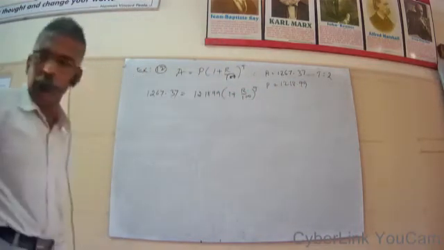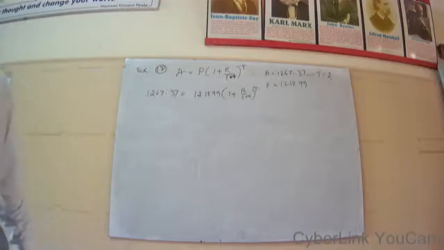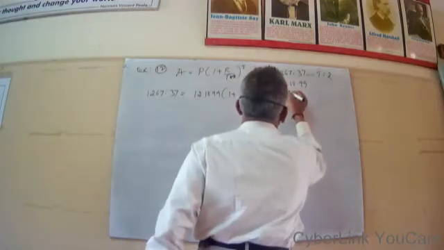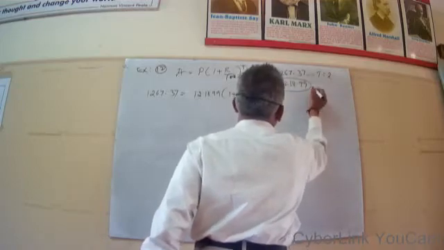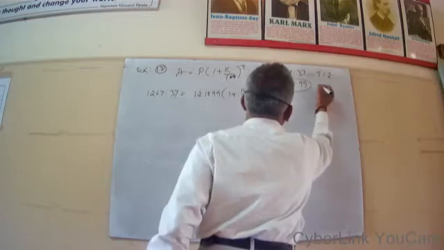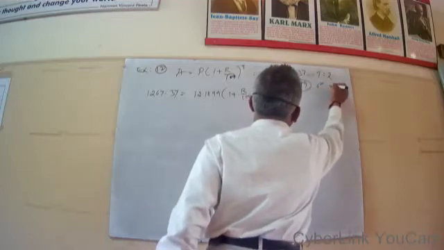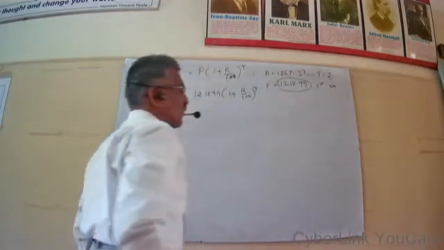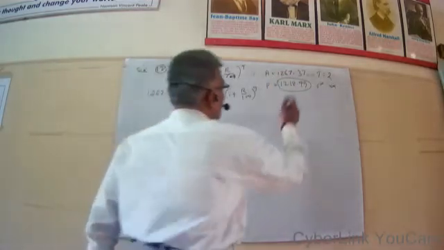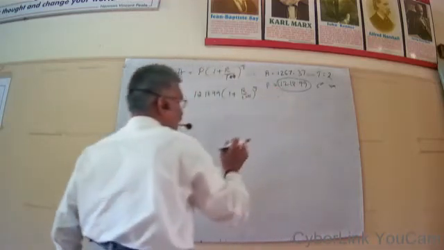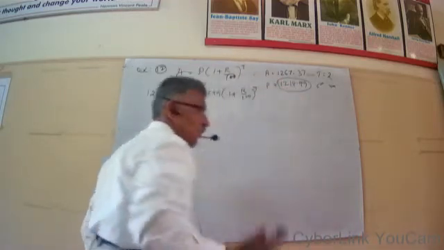So what it means is that after 5 years, this amount is the P for the 6th year. So the difference is, this is for 7 years amounts.